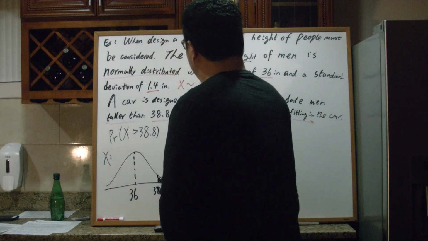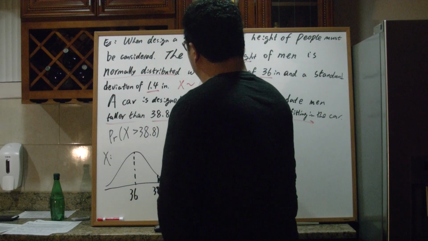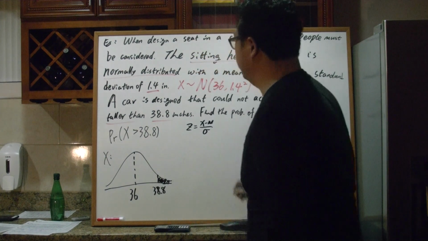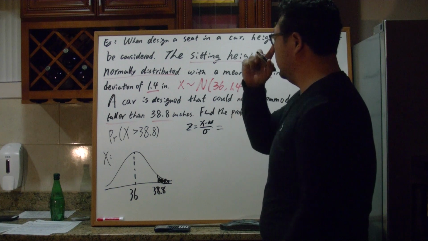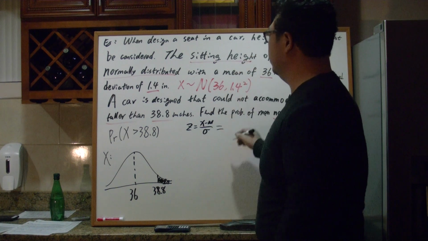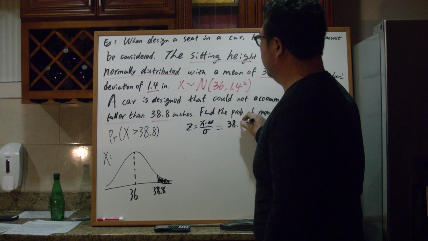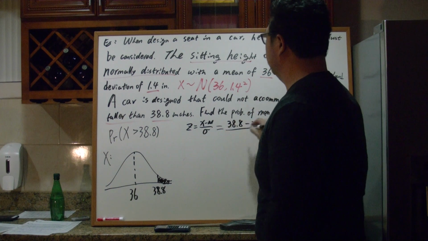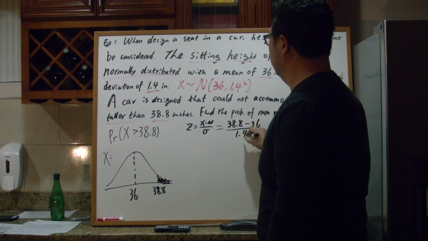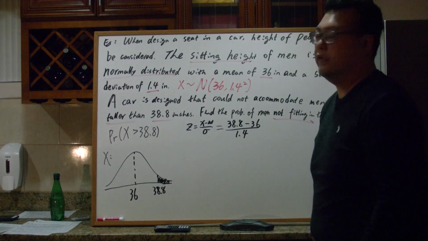Then for the z-score, we still use the formula: take away the effect of the mean and get rid of the effect of the standard deviation, which turns it into a standard normal distribution. The X value is 38.8, the mean is 36 inches, and the standard deviation is 1.4.